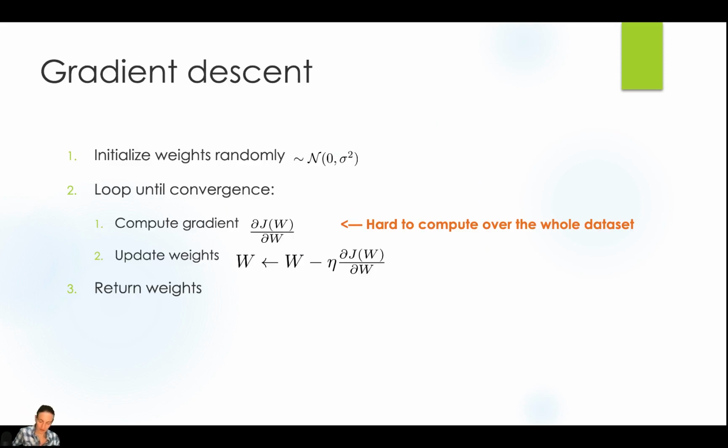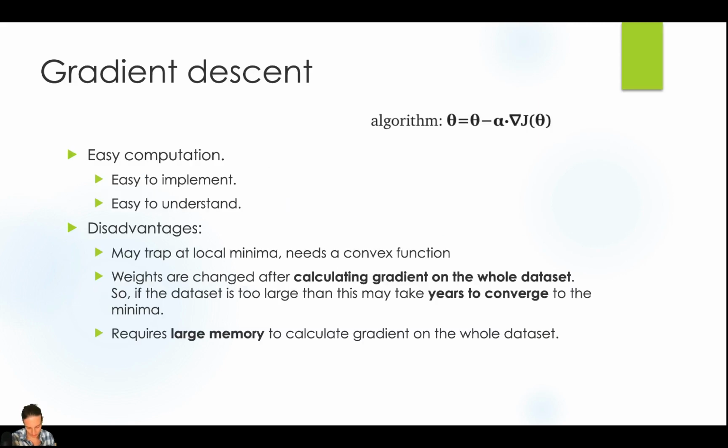If we use gradient descent, it works well as we've seen, but there is the matter of this, which it's okay to compute, but it can be very hard to compute over the entire data set because you need to compute it for all of your training set examples, okay, which can be many. So that means that you might run out of memory if you simply try to put all of those vectors in there. So there's some solution for this problem.